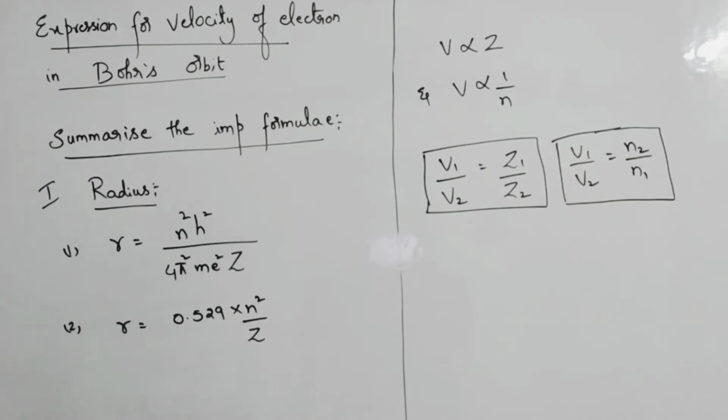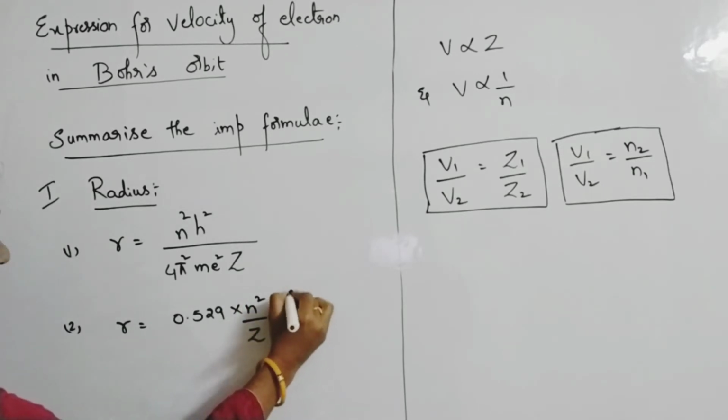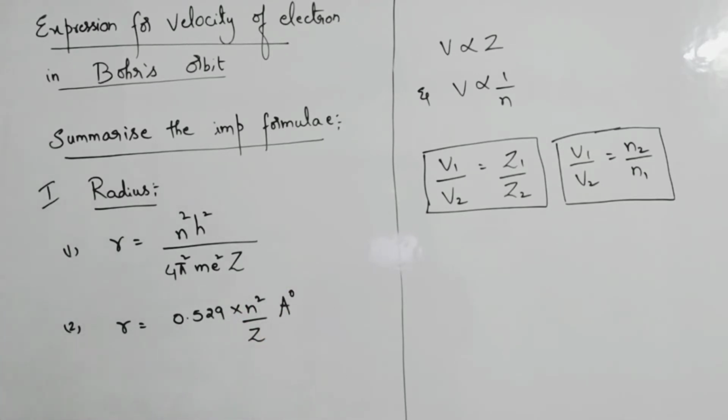This is in angstroms. Please remember, the radius of the orbit is taken in angstroms.